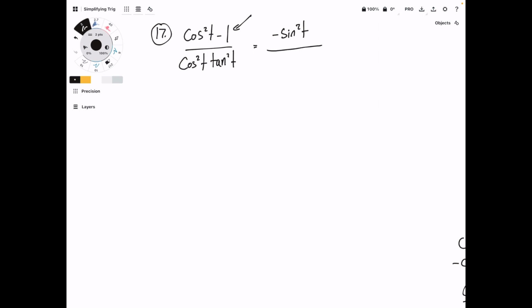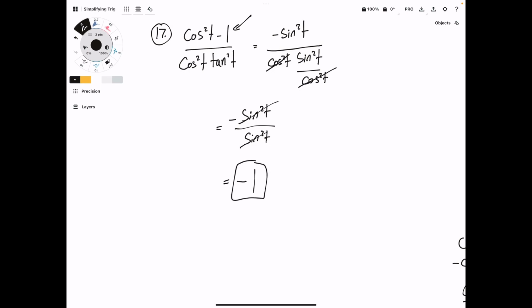On the bottom here, we can rewrite tangent squared t as sine squared t over cosine squared t, and then our cosines are going to cancel out. It's going to leave us with a negative sine squared t over sine squared t, and those cancel as well. So we have a negative 1 left over.